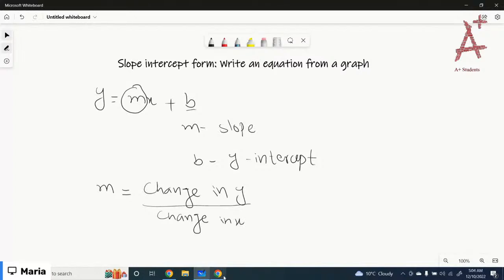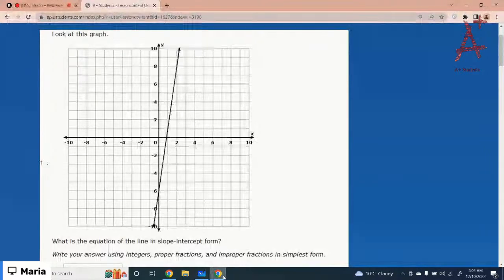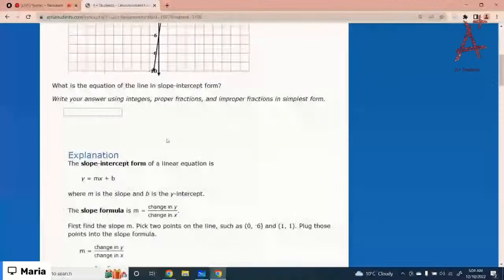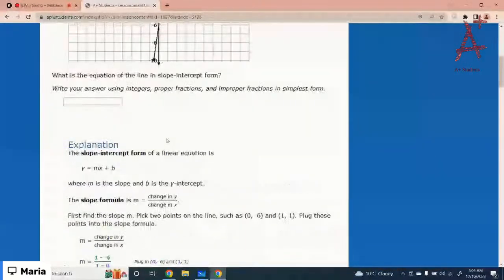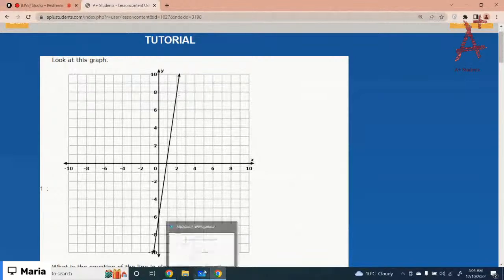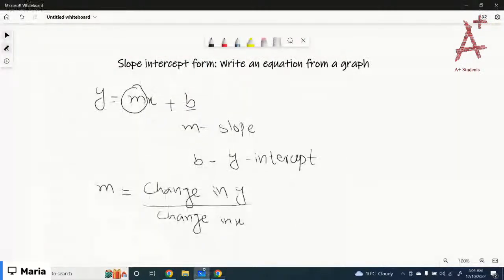So let's just use any 2 points on the graph. Okay, the 2 points I'm using from the graph are, the first one is this one, 2 and 8, x is 2, y is 8.